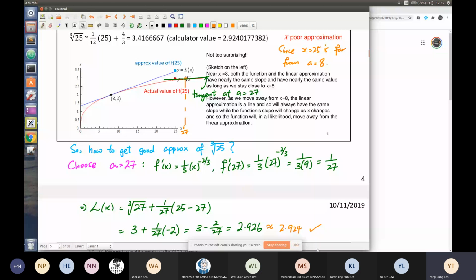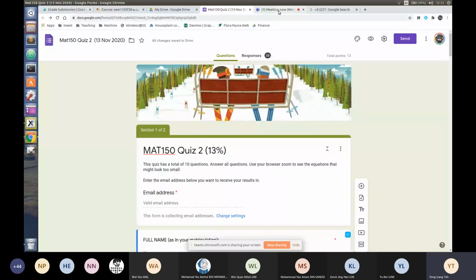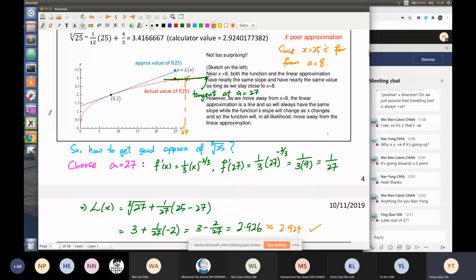So therefore, just choose a point that is close to the expansion point and you will be able to get a very good approximation. Of course, choose this point a such that you can calculate the function value easily. Questions on the concept of linearized approximation or the linearization of f?